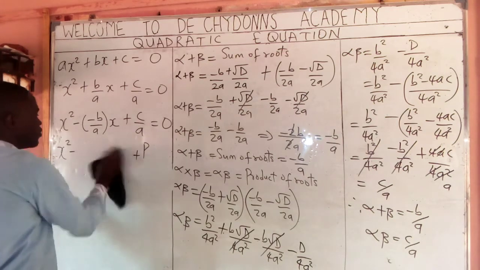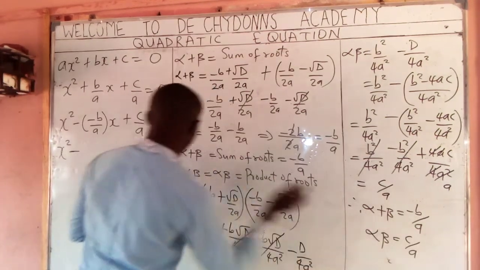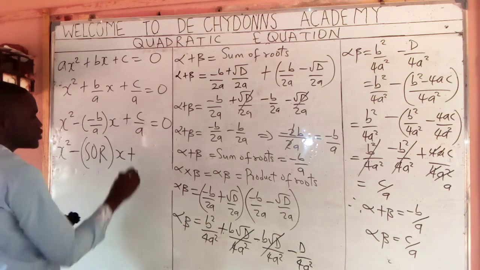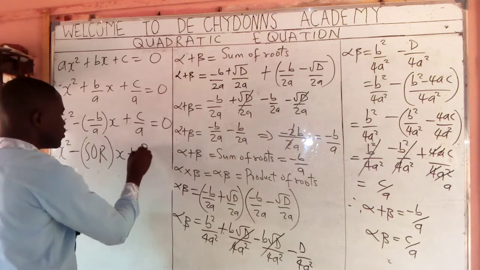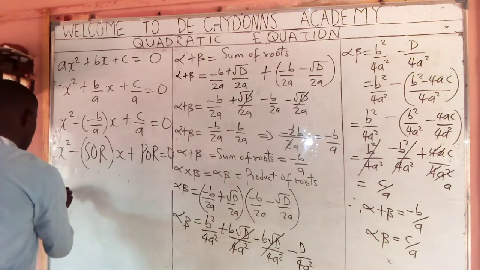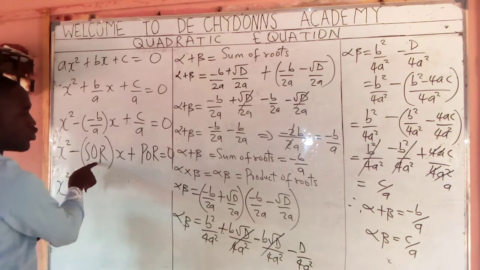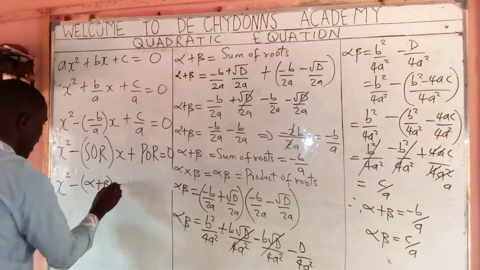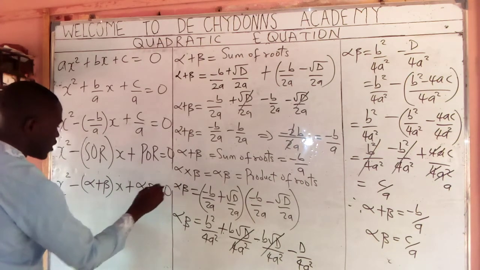Let's write it with symbols. Sum of roots x plus product of roots equals 0. Now what is sum of roots? Sum of roots means alpha plus beta, x plus product of roots means alpha beta, equals 0.